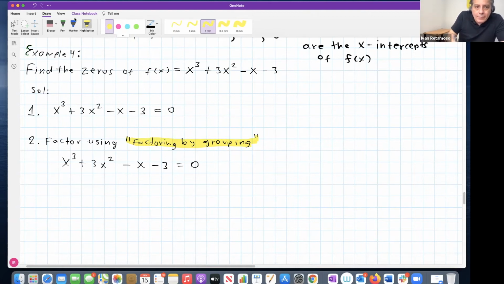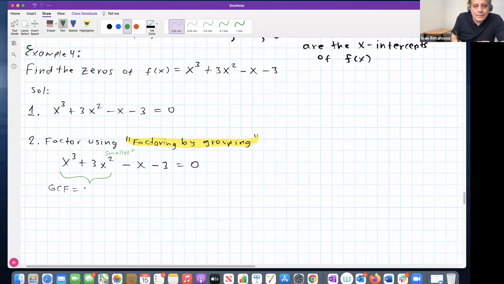Professor, how is that done? Remember, you learned before in previous courses. Factoring by grouping is all about grouping. You group the first 2 terms, these 2. You factor out the GCF here, also called the greatest common divisor. You take the power with the smallest exponent, I'm gonna write here smallest exponent, 2.